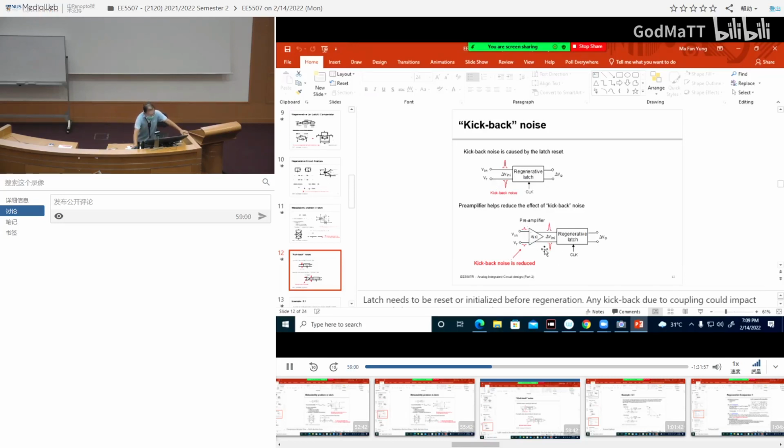If you have a preamplifier, it can help reduce this kickback effect. Even if there is kickback from the positive feedback, because of the preamp gain, the effective kickback disturbance at the input is reduced. This circuit also acts to isolate the kickback point from the input.